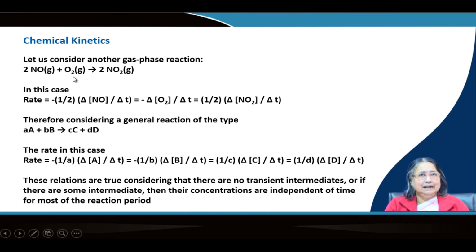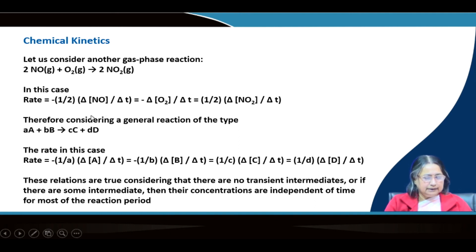If you say like that, then you can see that NO is decreasing 2 times as fast as the oxygen. That is why you have to divide, means if you want to express in terms of NO, it will be half of delta NO by delta t. Same is true for NO2, half of delta NO2 by delta t, but in this case it will be positive sign and in this case it will be negative sign.